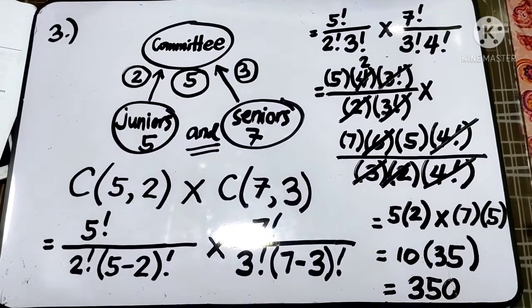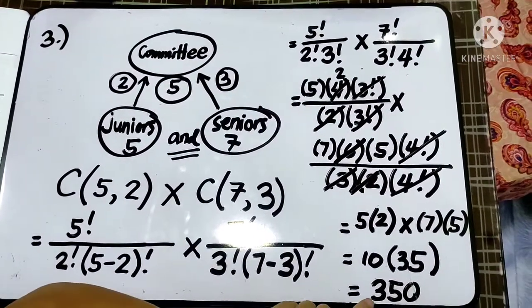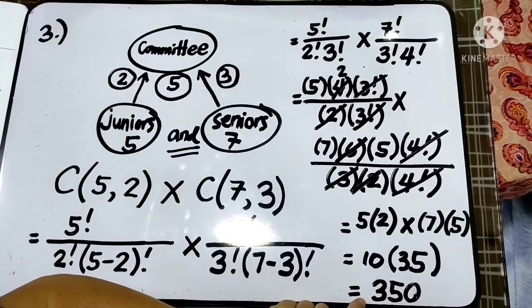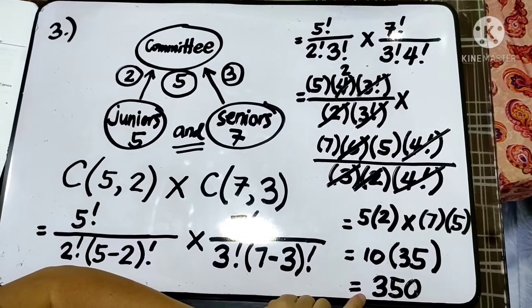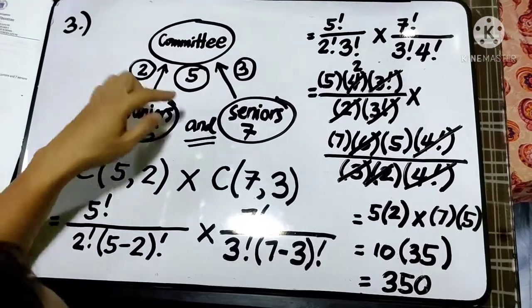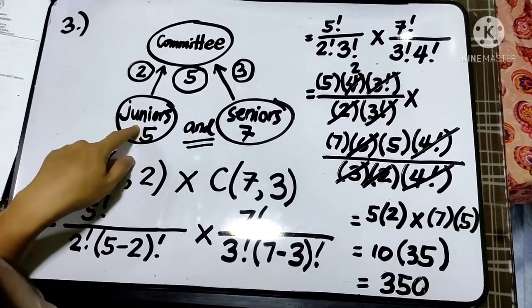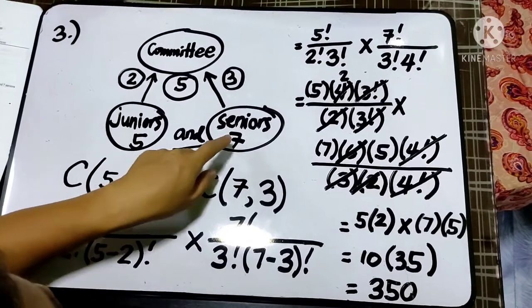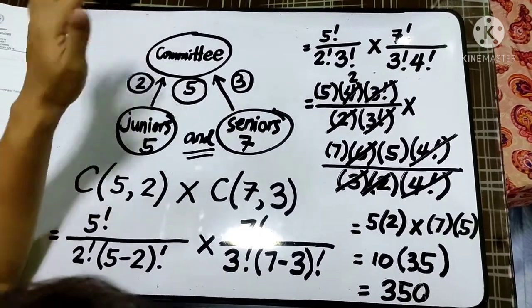So the answer is 350, meaning there are 350 different ways that you can form a committee of 5 from 7 seniors and 5 juniors if the committee must have 3 seniors. So, yan yung kondisyon.